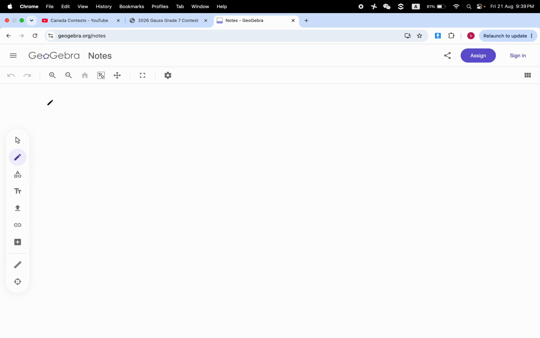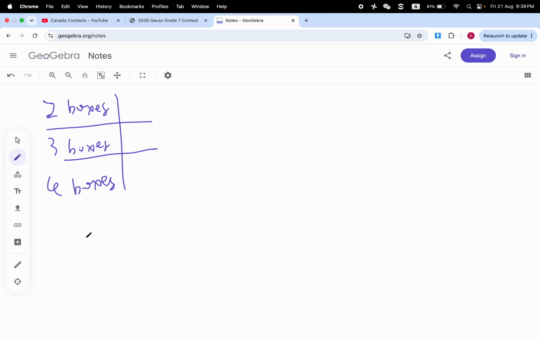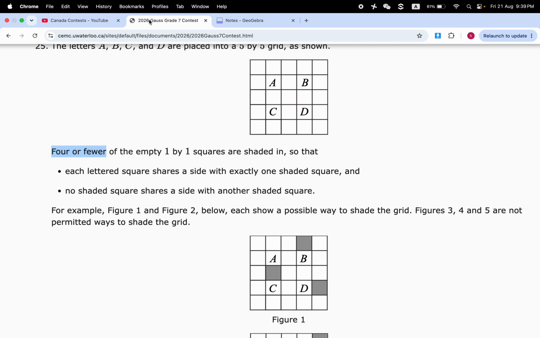So you can shade two boxes, three boxes, or four boxes. Three different cases here. If you shade two boxes, you literally need the one between A and B and the one between C and D, that is one way, or the one between A and C and the one between B and D. You just turn that by 90 degrees.